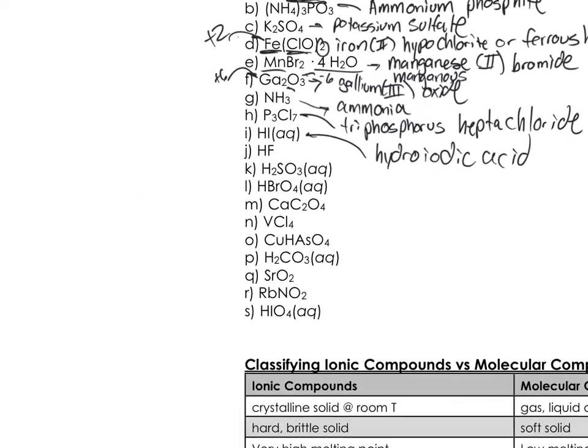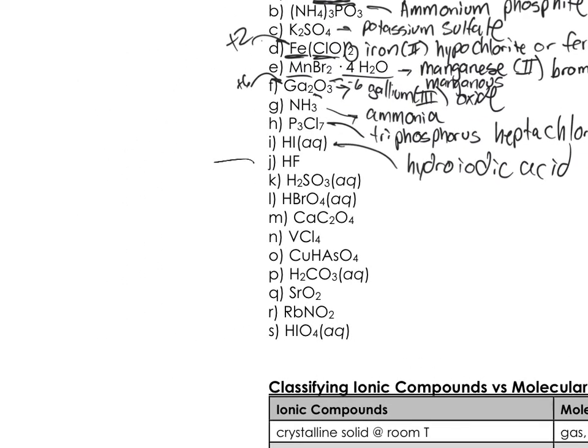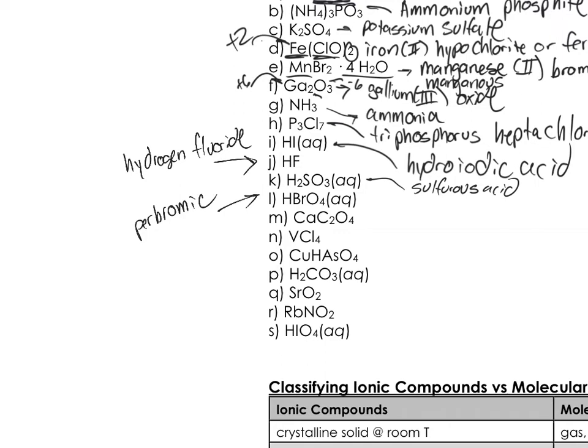Okay, so for some of these, I'm going to start moving over on the other side. This does not have the AQ with it, so this is hydrogen fluoride. This is sulfurous acid. This is bromic acid.